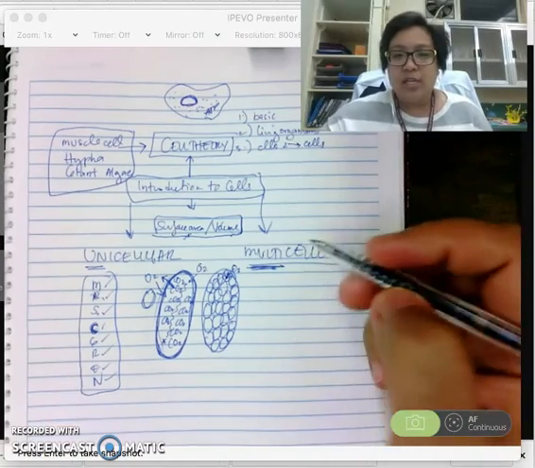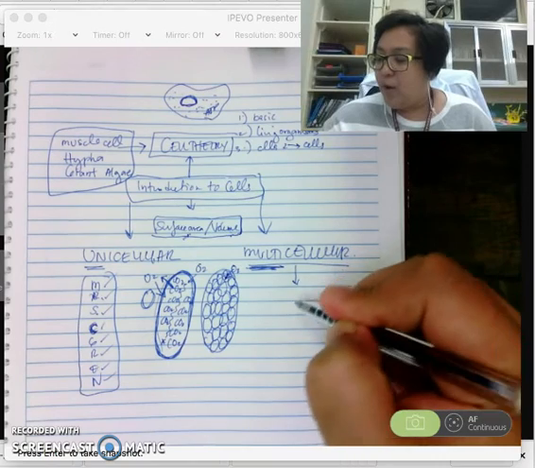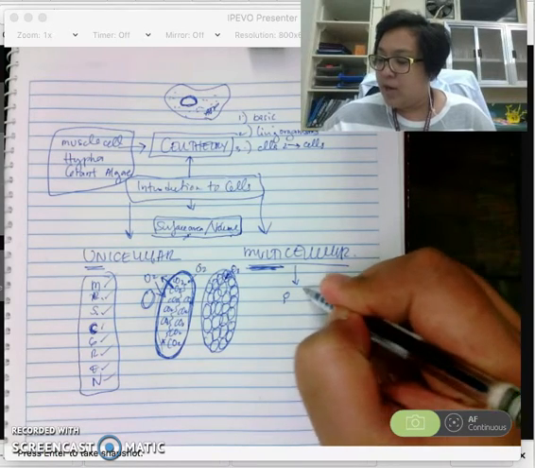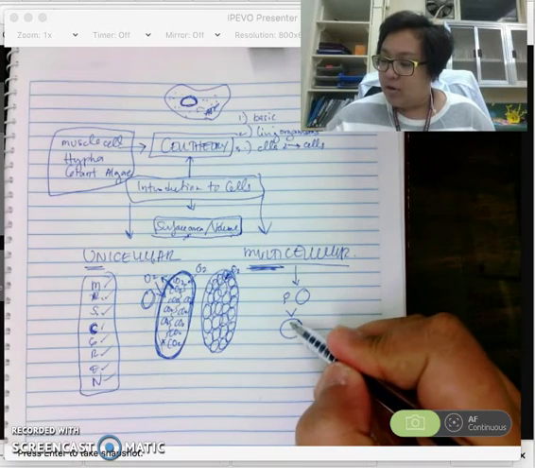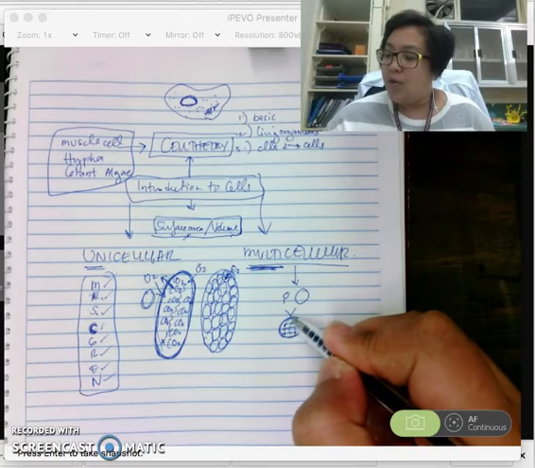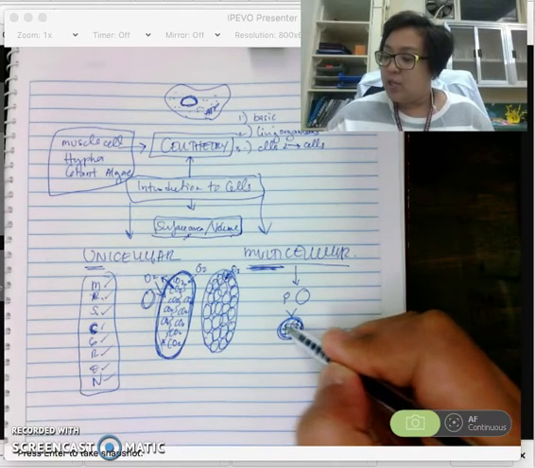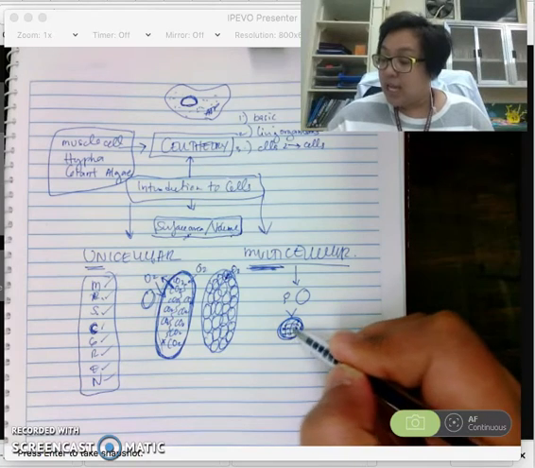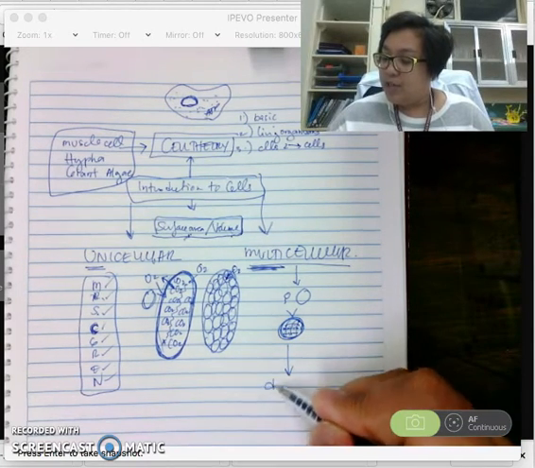Okay, now these multicellular organisms, we started from a sperm that united with an egg, resulting in a zygote that underwent several divisions, forming a ball of cells called an embryo. And each cell in an embryo can undergo differentiation.